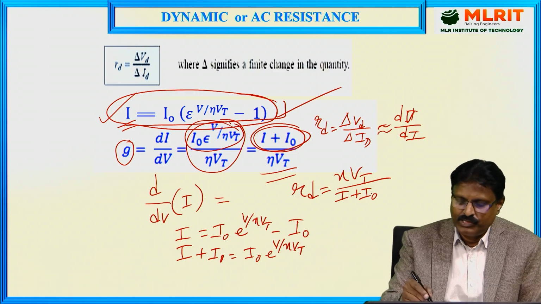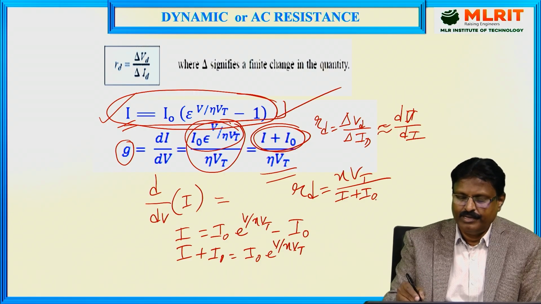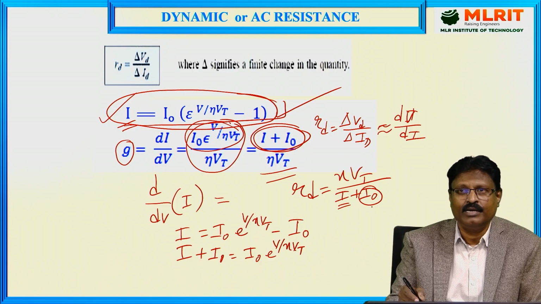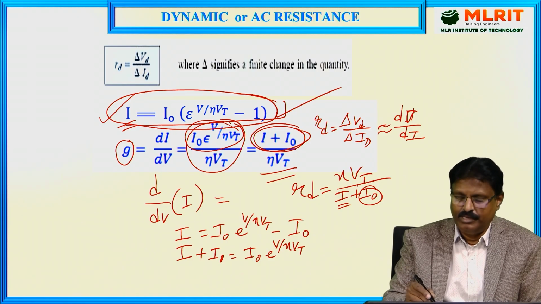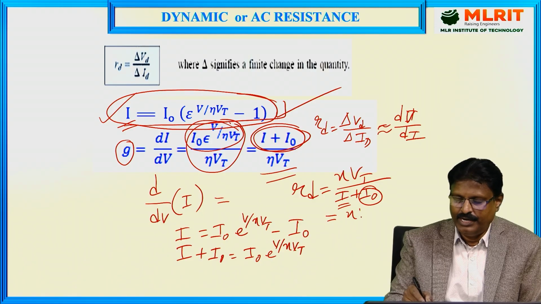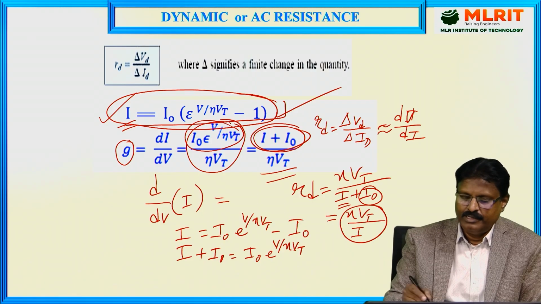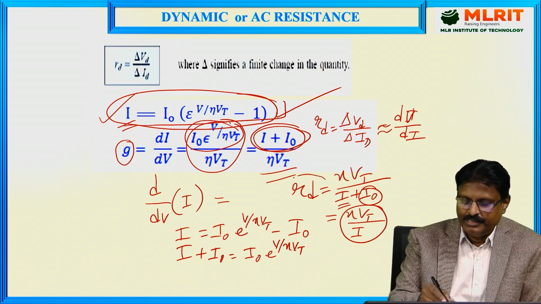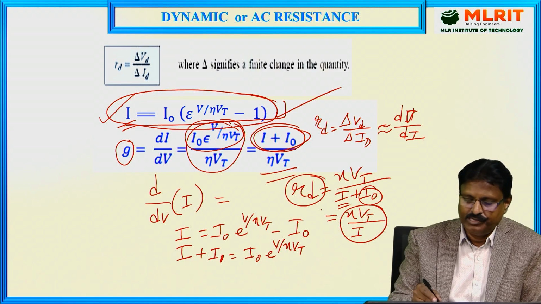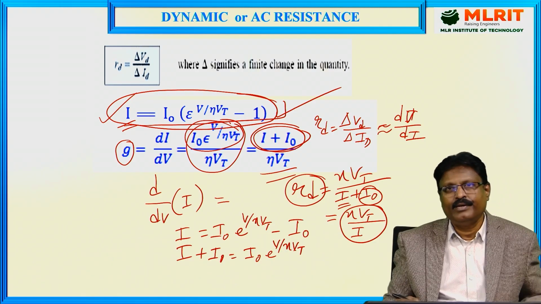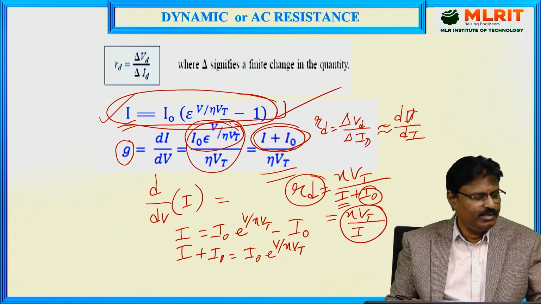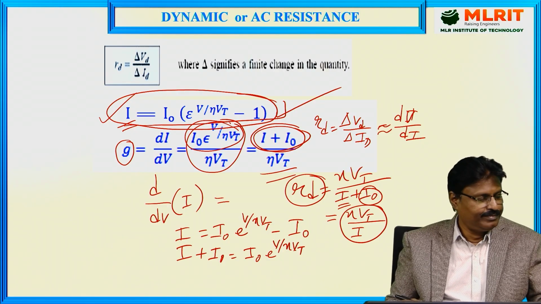I naught is the reverse saturation current, and it is very, very small when compared with I. So this can be written as eta Vt by I, ignoring I naught when compared with I. So the AC resistance formula is Rd is equal to eta Vt by I. This is one more equation of AC resistance.